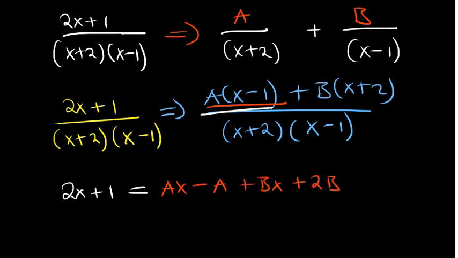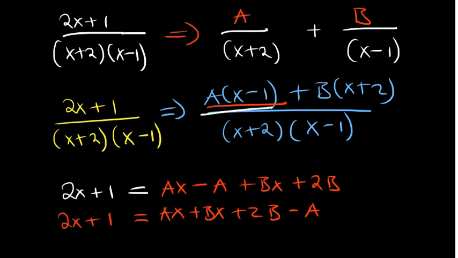So let me collect the like terms. I have ax plus bx, and then 2b minus a, and on the other side we have 2x plus 1. We need to find the values of a and b. I can easily factor out the x there.